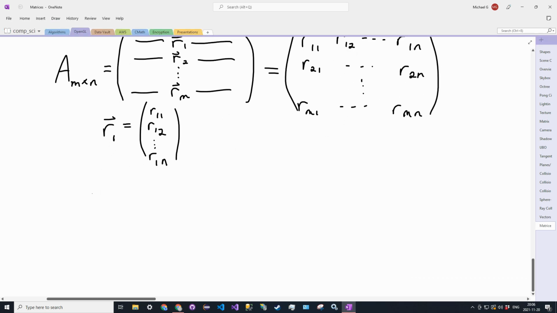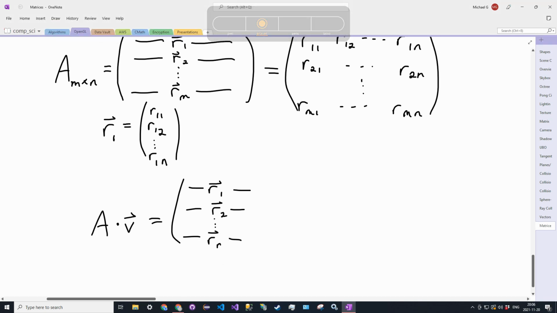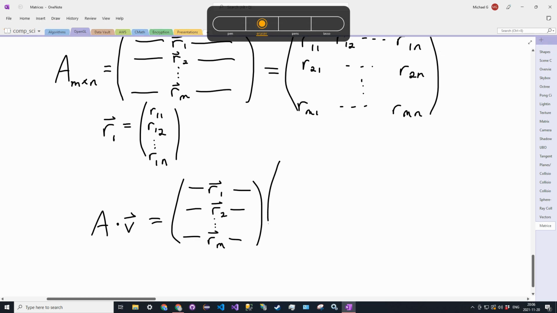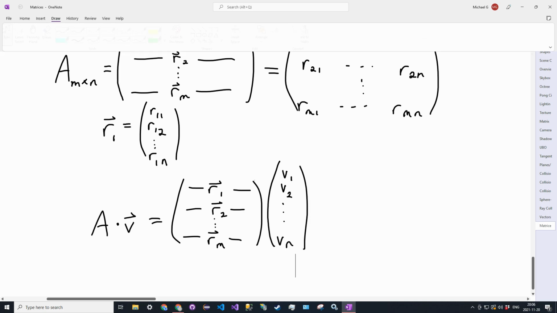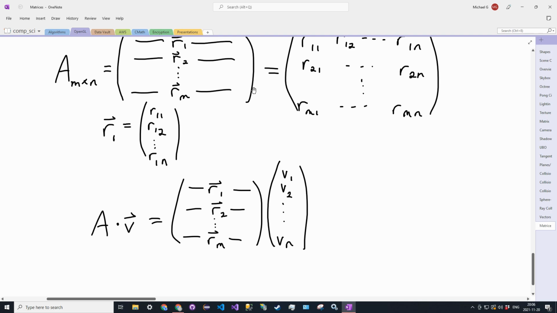So now when we multiply the matrix A times the vector V, the way we're going to look at this is a collection of row vectors, R1, R2, all the way to Rm, and we have our vector V1, V2, all the way to Vn, and n does not necessarily have to be m, because it's once again just a constraint on the number of columns of the left-hand side.